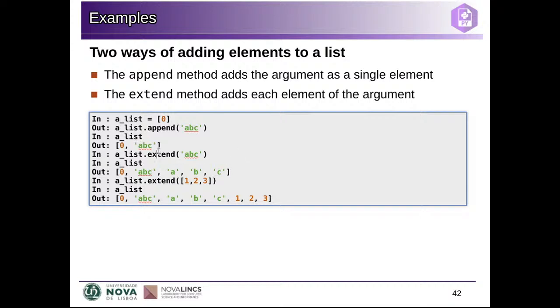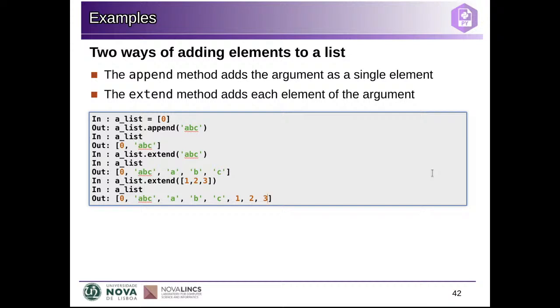But if I extend with ABC, extend will iterate through all the elements of the argument and put them in the list one by one. So I have A and B and C. If I extend by 1 to 3, for example, I get 1, 2, 3, instead of, if I use append, something like this: I would get 1 to 3 as an element of the list, and not as 3 different elements.